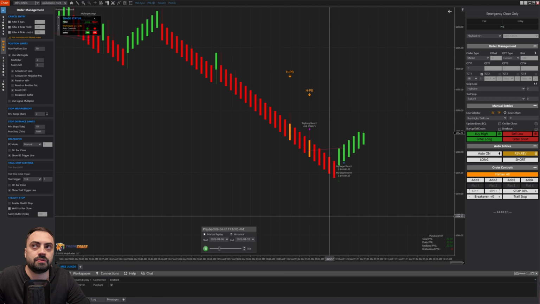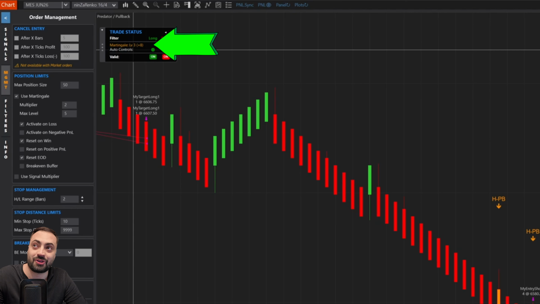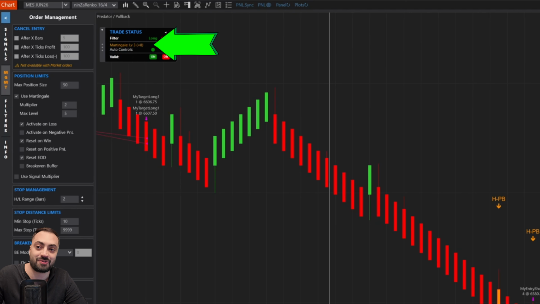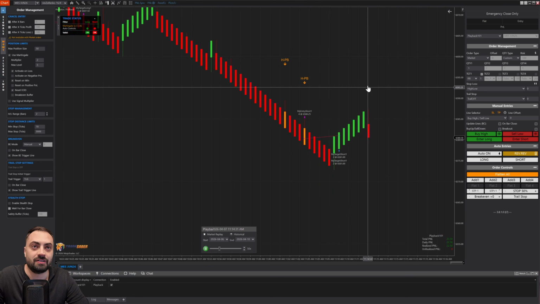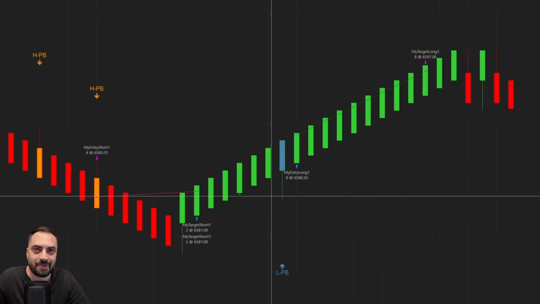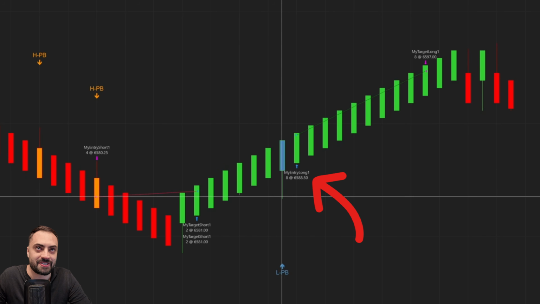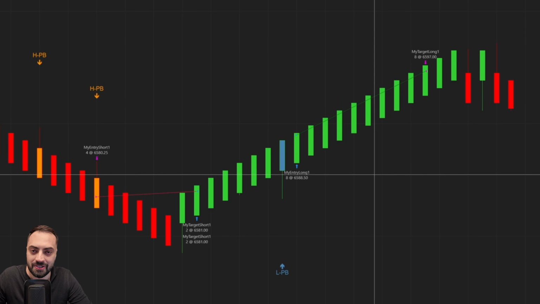Order filled. And now, because this one was also a losing trade, we got stopped out a little bit under break even. Now our Martingale level is set to 3 and now we have an 8 times multiplier. Order filled. So here, this one was a little too quick, but here we can still see our position size was a position size of 8 and it went right to target.